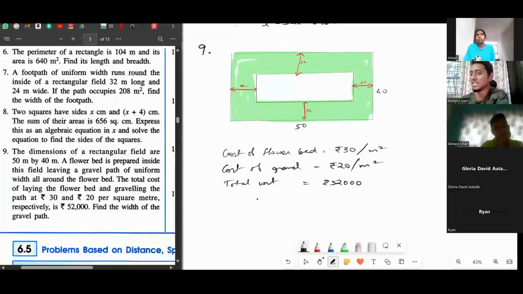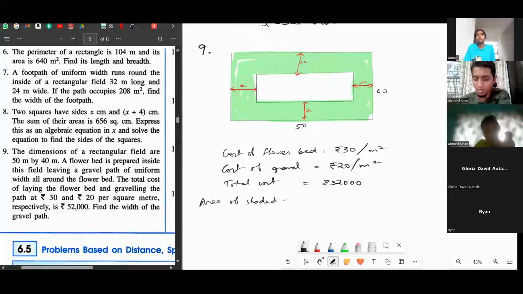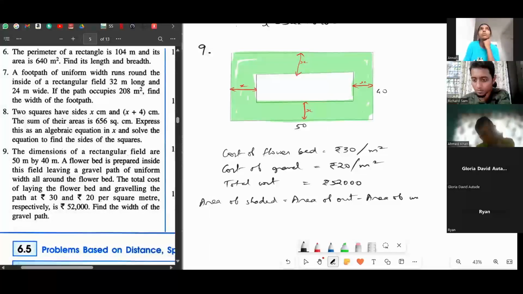It will not give you the width, it will give you the area of the shaded portion. Area of shaded portion is equal to area of outer shape minus area of inner. Okay. This is the formula.